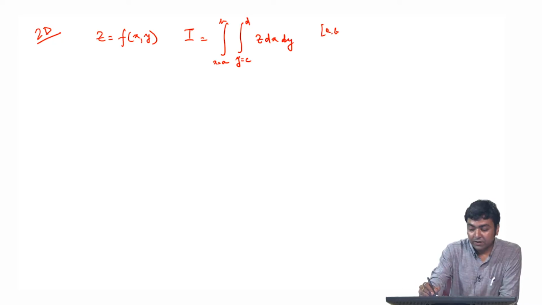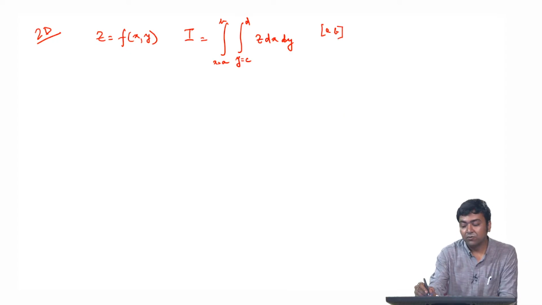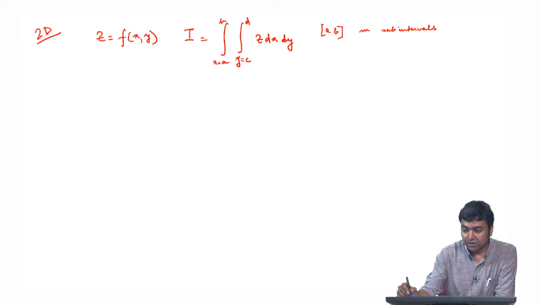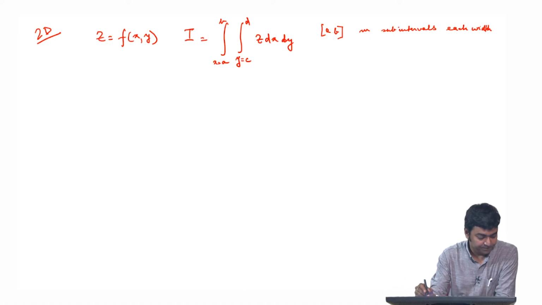What I do is that the interval between a to b, I split into m subintervals, each having a width h, say. So, what that means is h is equal to (b minus a) by m.